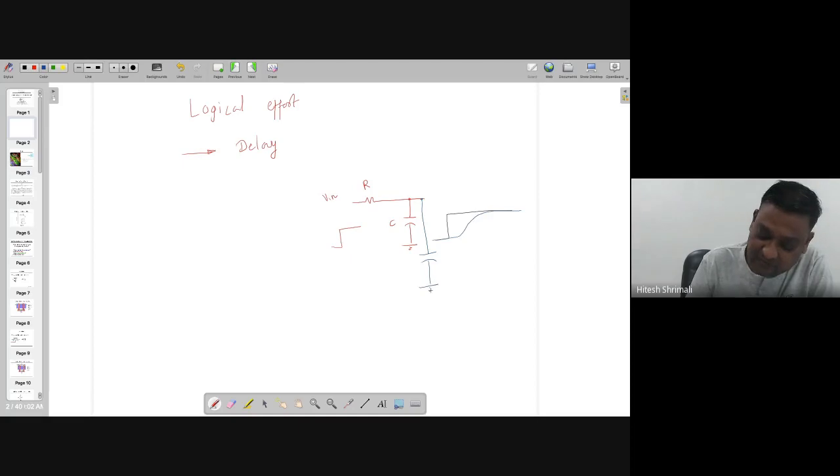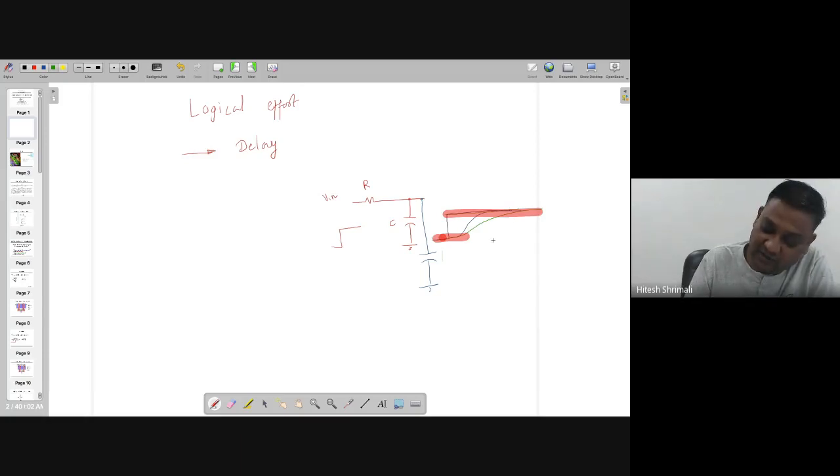But as you are increasing this, if instead of this I add a big capacitor over here, then this output might look like this one, right? So it might happen that when it reaches the logic 1 category, so this is logic 1 and this is logic 0. In between might be the undefined state.